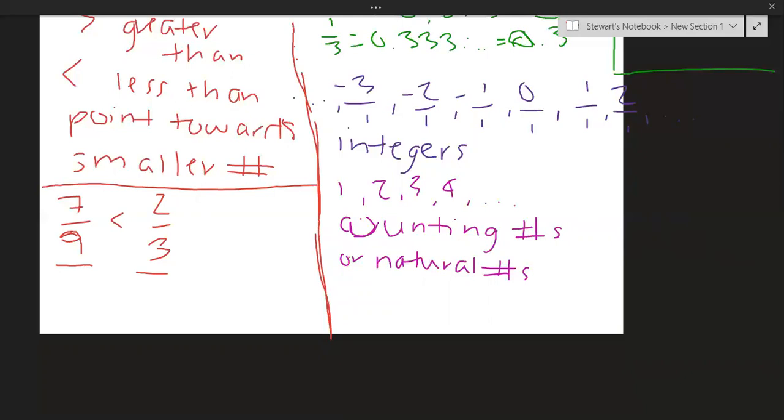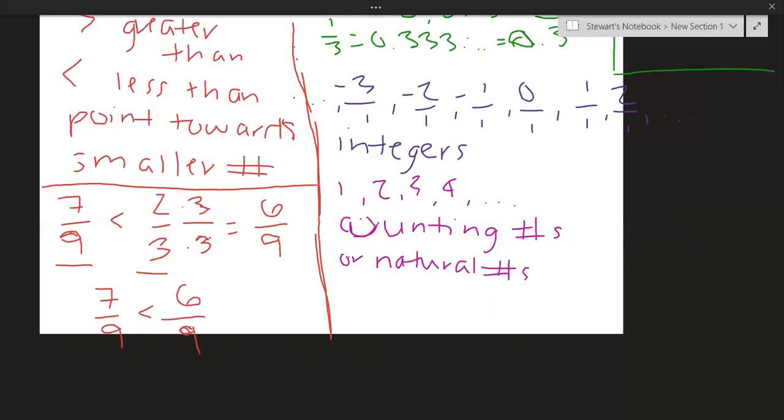And it's important to note, whatever you do to the numerator or denominator, you have to also do to the opposite side. So we have to multiply the denominator by 3 to get it to be 9, but then we also have to multiply the numerator by 3 so that the whole fraction doesn't change, so it remains equivalent. And this is equal to 6/9.